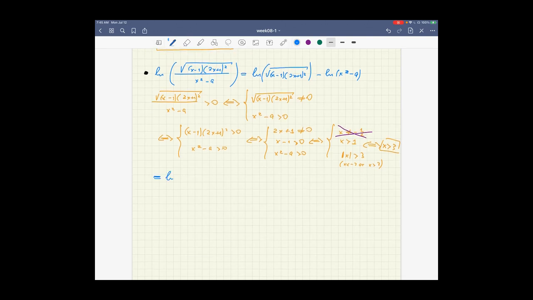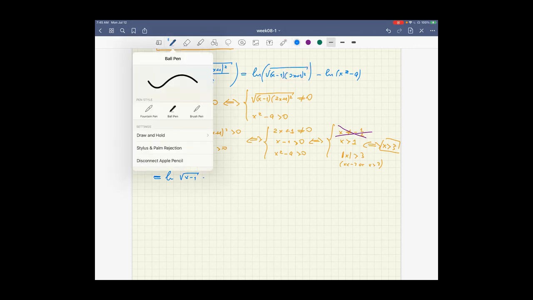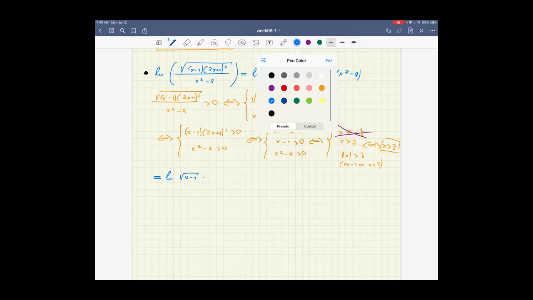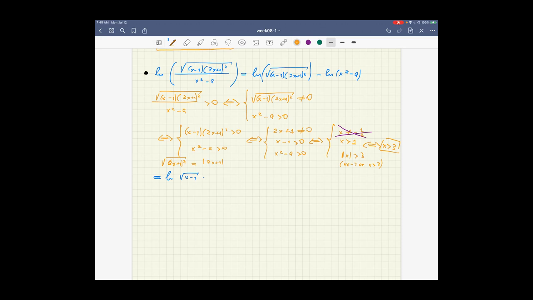It's safe. Ln of x minus 1 times ln of this squared, right? If you take ln of square root of 2x plus 1 squared, right? That's technically absolute value of 2x plus 1, but because x is greater than 3, that's simply 2x plus 1.